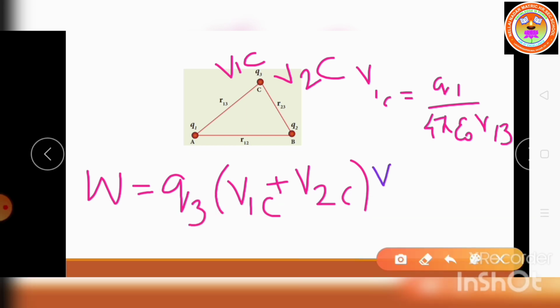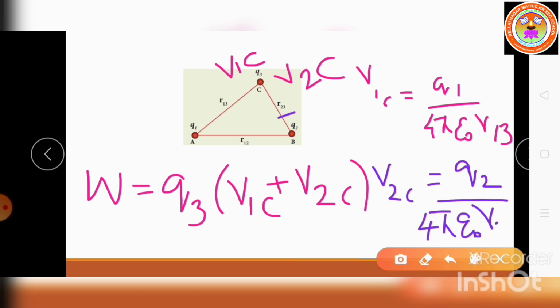Similarly, if I write the formula for V2C, which is due to the charge Q2, I get Q2 divided by 4 pi epsilon naught into the distance, which here is R23. Thus I get the formulas for V1C and V2C. Substitute the value of V1C in this place and V2C in this place, then multiply Q3 inside the bracket.